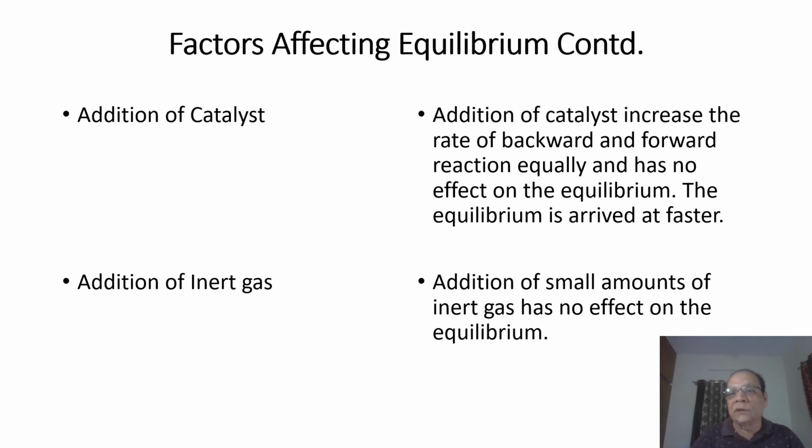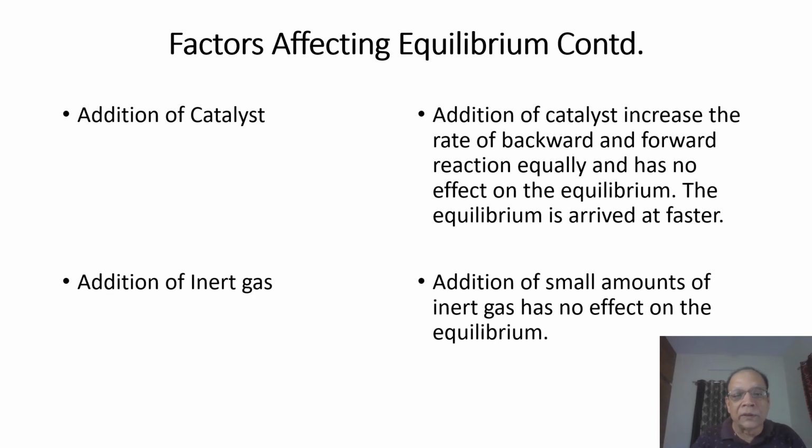Addition of catalyst increases the rate of backward and forward reaction equally and has no effect on the equilibrium. Only the equilibrium is arrived at faster. The point of equilibrium will arrive faster. It will take less time to arrive at.